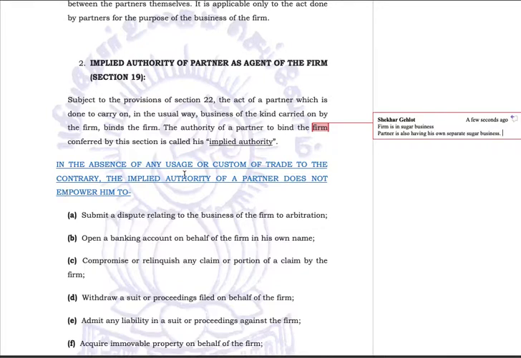In the absence of any usage or custom or trade to the contrary, the implied authority of a partner does not empower him to. Now, the restrictions on the implied authority of the partner.